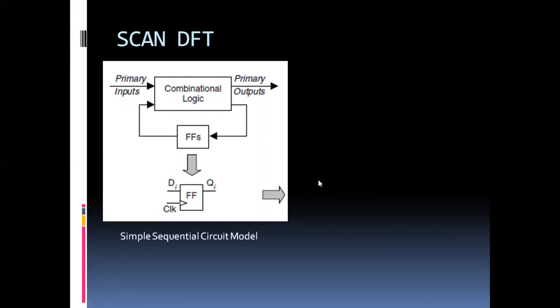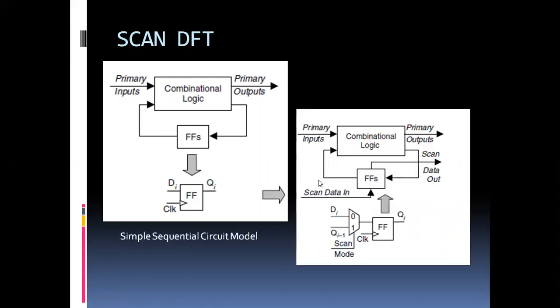Okay. Then we come to how, under scanning, we are changing the circuit. When we are using a scan-based DFT, we are changing each flip-flop, as controlled by a multiplexer, where the data input is coming on one line and the other input is my scan input, which is coming as the output of the previous cycle.